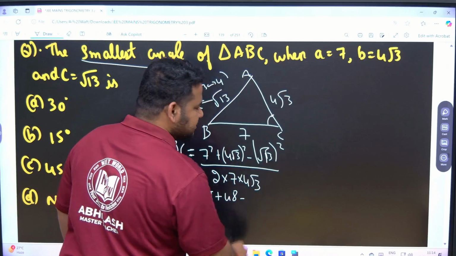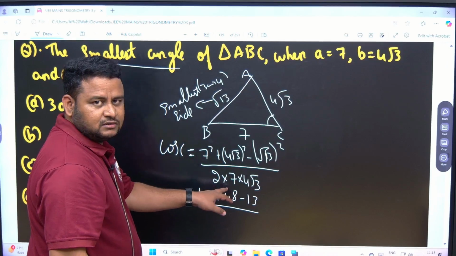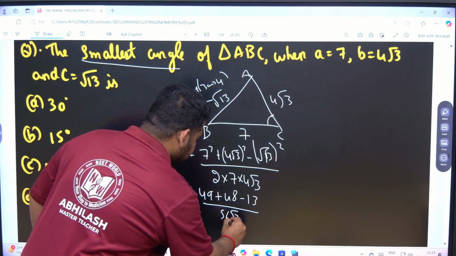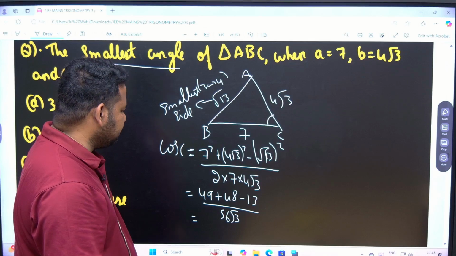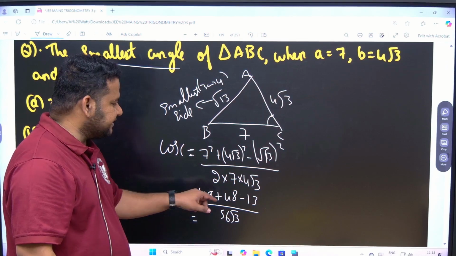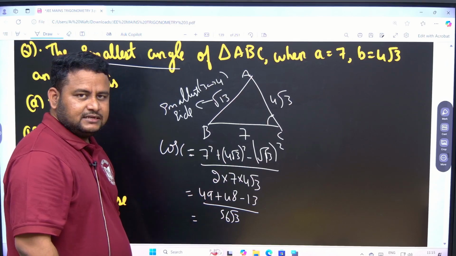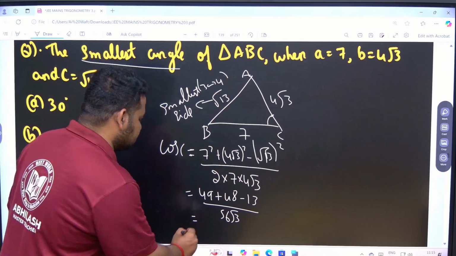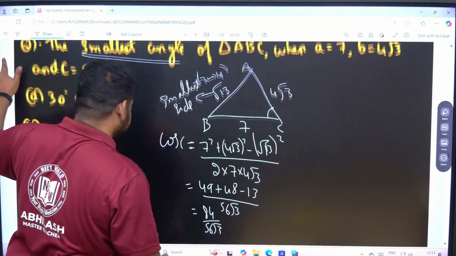Minus root 13 square, which is just 13, divided by 2 7s are 14, 14 4s are 56, so 56 root 3. 49 plus 48 is nothing but 97. 97 minus 13 is 84. So this will be 84 by 56 root 3.